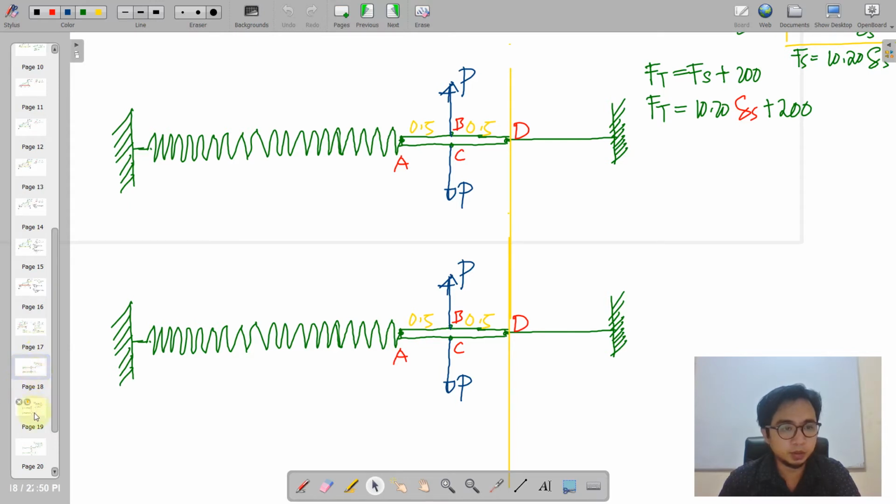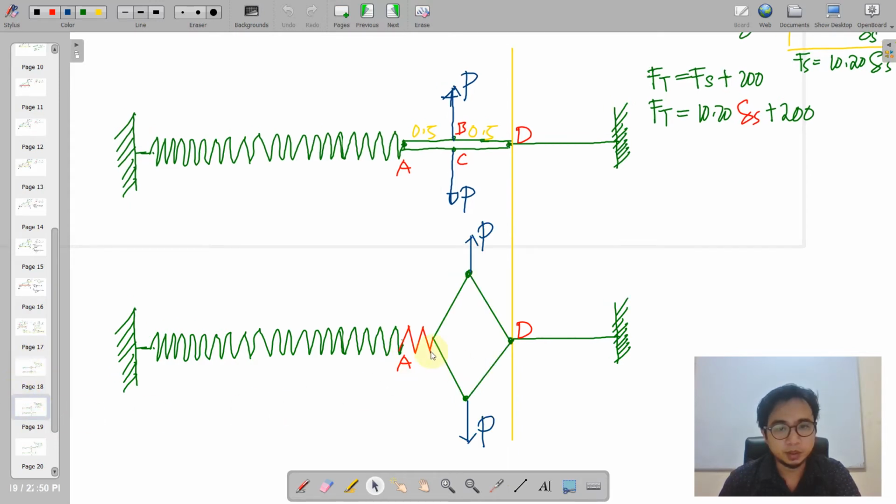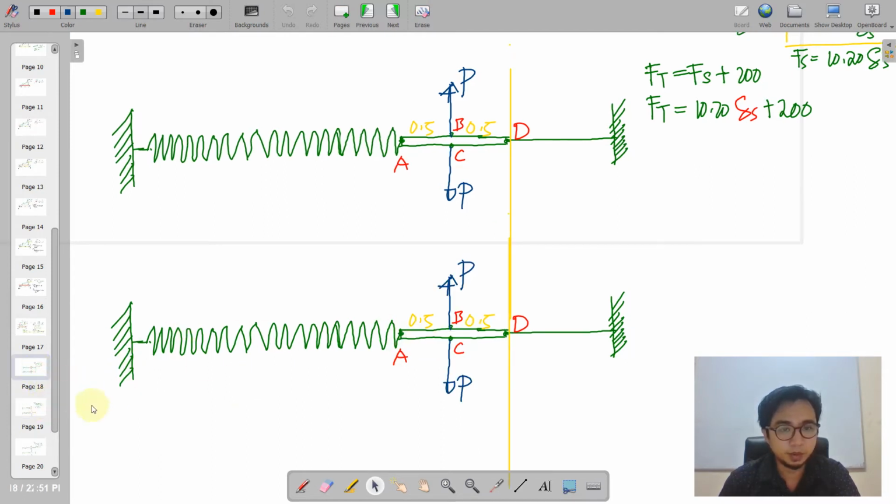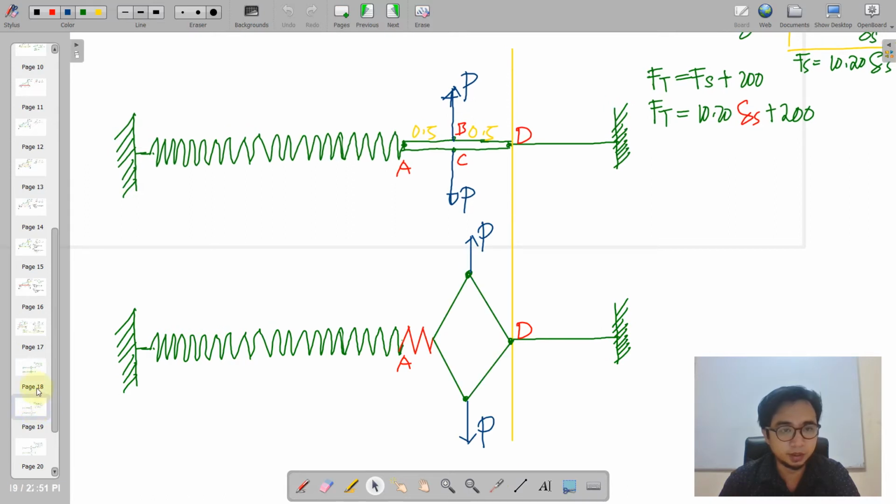So after the loading, we have here. Okay, so this was stretched from A up to this. This red lines here, your spring, that is the delta of the spring, or the stretch in the spring. Okay, from here up to there. And notice that D remains to be in place.